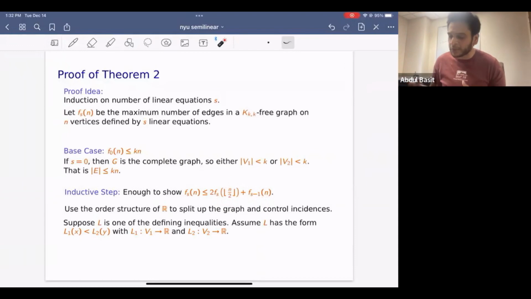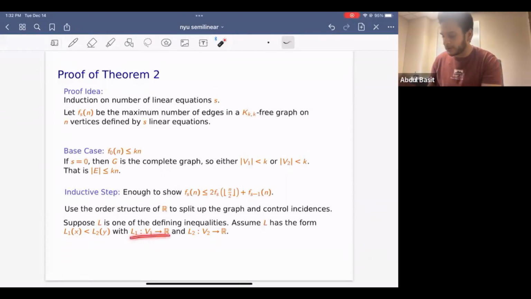Right? And essentially what we end up doing is using the order structure of the real numbers to split up the graph in some nice way and control the incidences in each of these parts. So maybe a little bit more specifically, what do we do? Suppose I have L, which is one of the defining inequalities, and I can assume that L is of the form L1(x) less than L2(y). This is because things are linear.